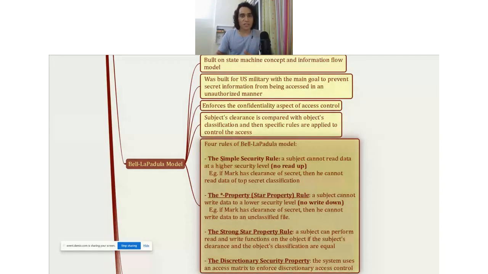So remember these rules: the simple security rule, which is about no read up; the star property, which is about no write down; and the strong star property, which says that a subject can perform read and write functions on the object if the subject's clearance and the object's classification are equal. So that is Bell-LaPadula for you.